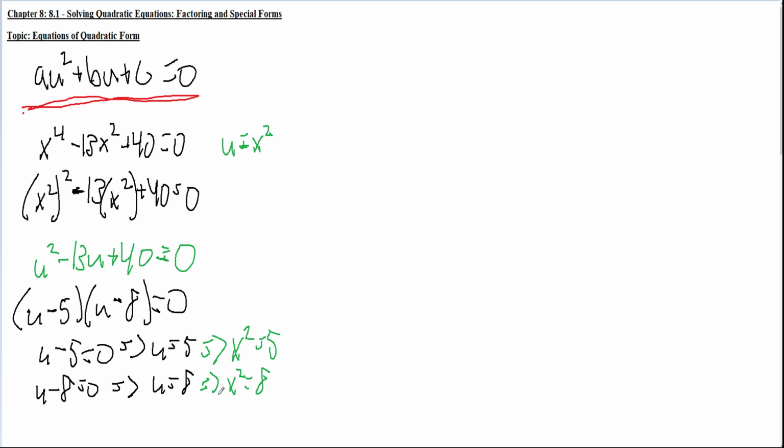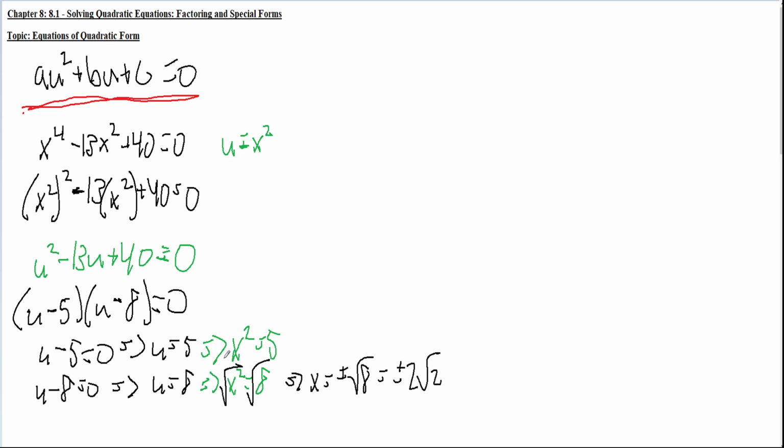If I take the square root of both sides for x squared equals 8, I'll get x is equal to plus or minus the square root of 8, which can be simplified into plus or minus 2 times the square root of 2.